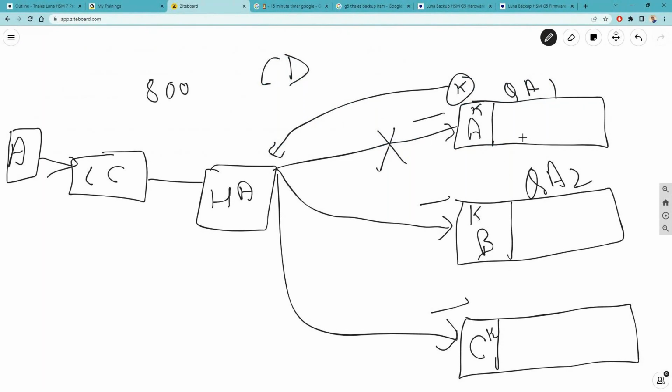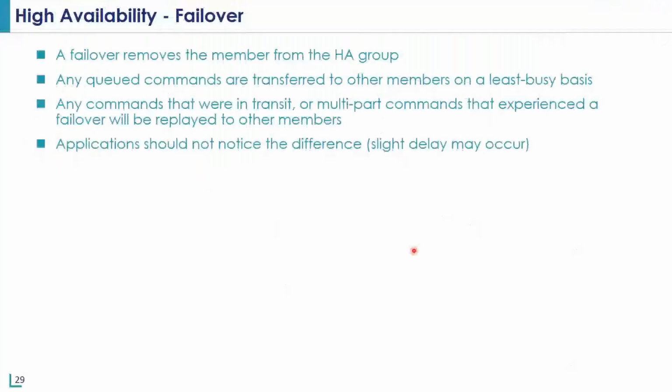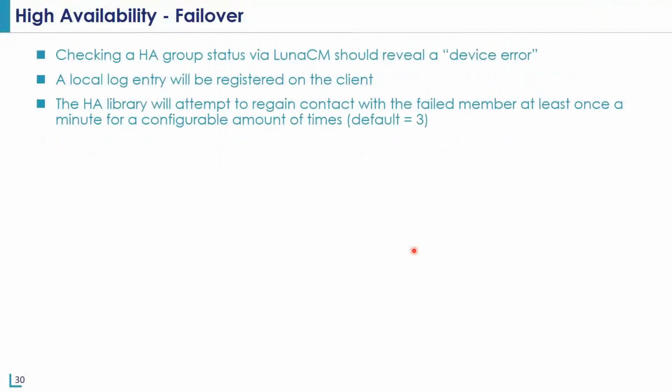But if QA1 went down, your application can still continue the operation, but the performance will be, let's say, 600 operations per second or maybe 500. The performance will decrease, but not halted, not completely stopped.